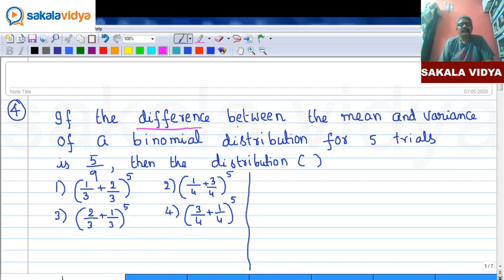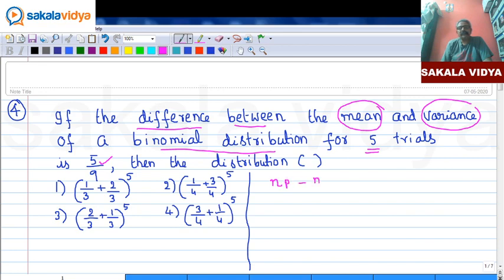The difference between mean and variance of a binomial distribution for 5 trials, n is equal to 5, is 5 by 9. Then we need to find out the binomial distribution. So first of all, the difference between mean np minus variance npq equals 5 by 9, and number of trials is 5, that means n is equal to 5.